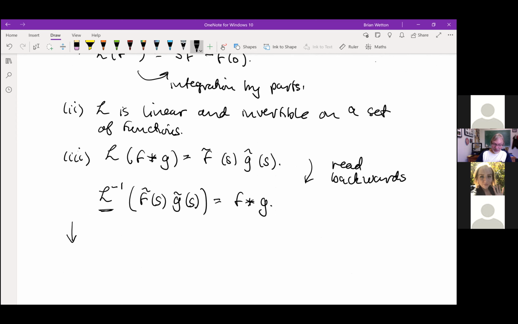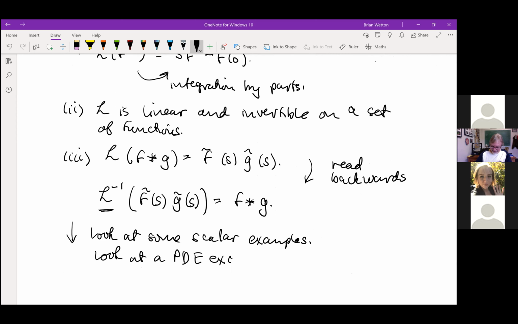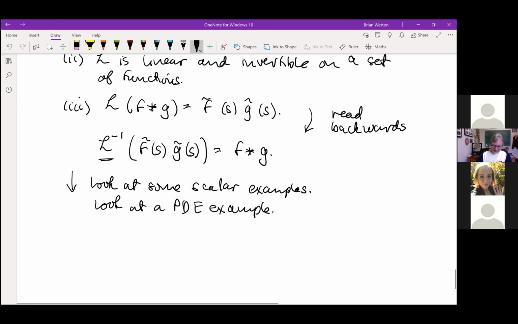So the next thing that we'll go on to is we'll look at some examples. And then we'll look at a PDE example of the heat equation with the boundary condition that we're going to be able to solve with the Laplace transform. Okay, and then we'll look at the boundary condition problem when it has a harmonic forcing.